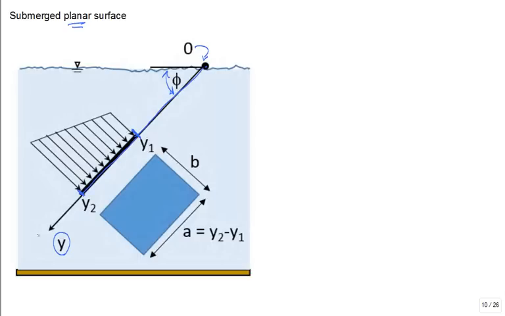Then I'm just continuing the axis y deeper into the fluid. I kind of roll the surface and give you a projection of it. I'm changing the orientation to help see that this is the B and this is the A, and A is y2 minus y1, the length of that edge of the rectangular surface, and B would be the depth into the fluid. It's hard to show these things.